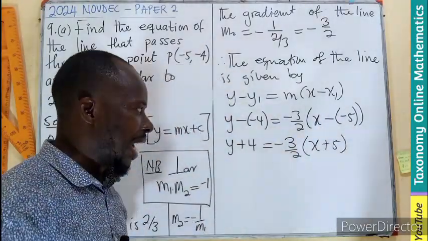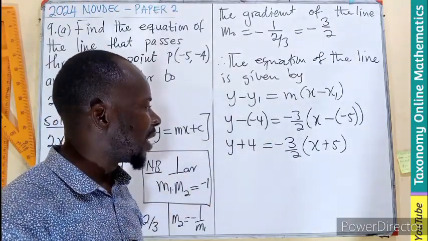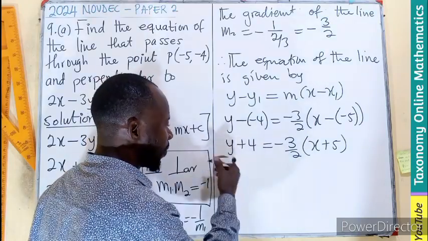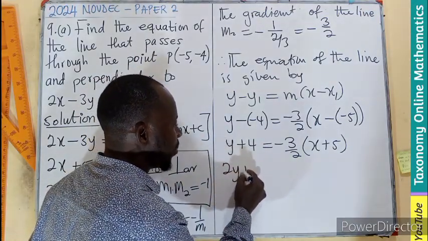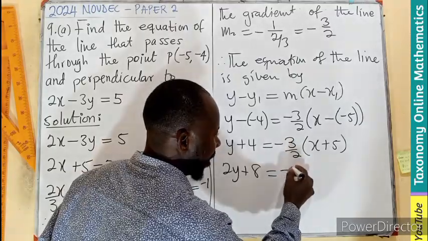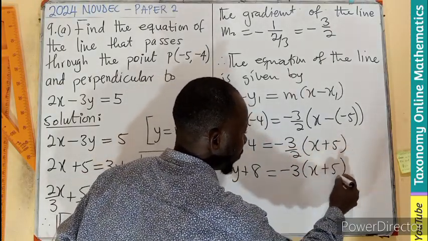Anytime you have an equation that has a fraction, you multiply both sides by the LCM of those denominators. So I should have 2y plus 2 times 4, which is 8. When 2 multiplies here, I'll be left with -3 times x plus 5.